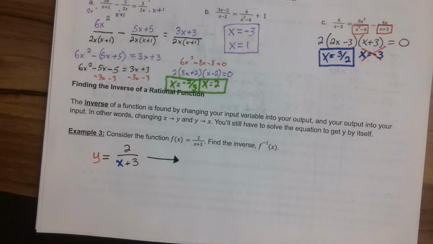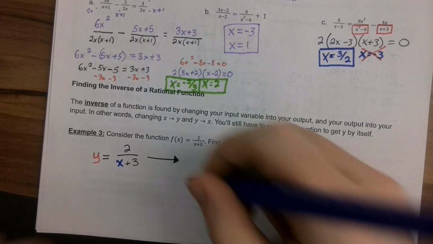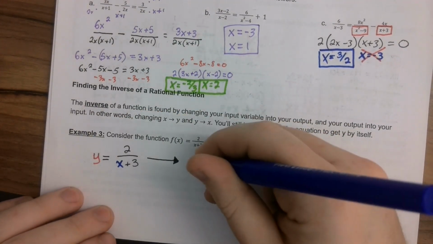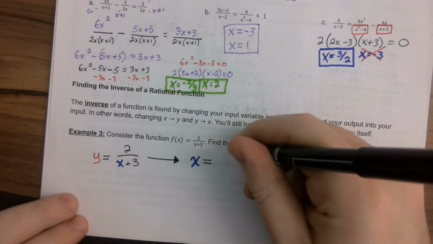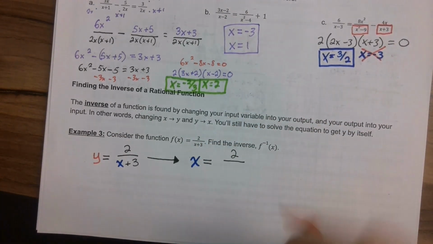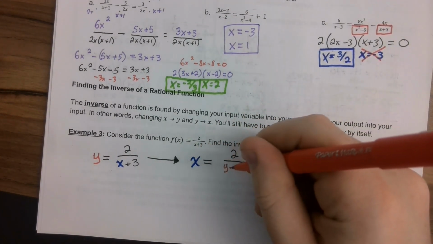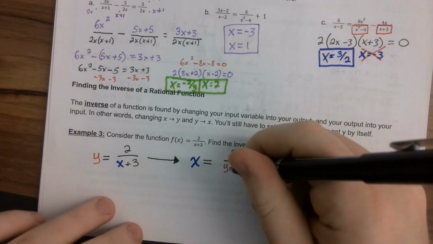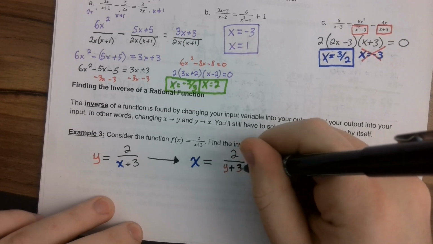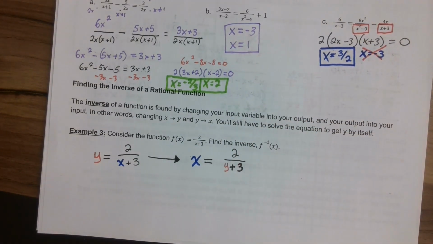So when we rewrite this problem, we're going to move the x over here so it's by itself, equals 2 over y plus 3. Super strange. Now we need to solve this for y. And I'm going to show you a shortcut, and I'm going to show you the long way around. Let's do the long way around.